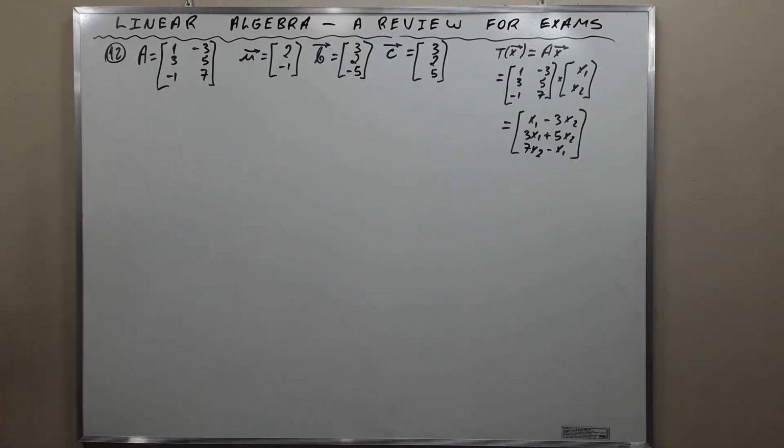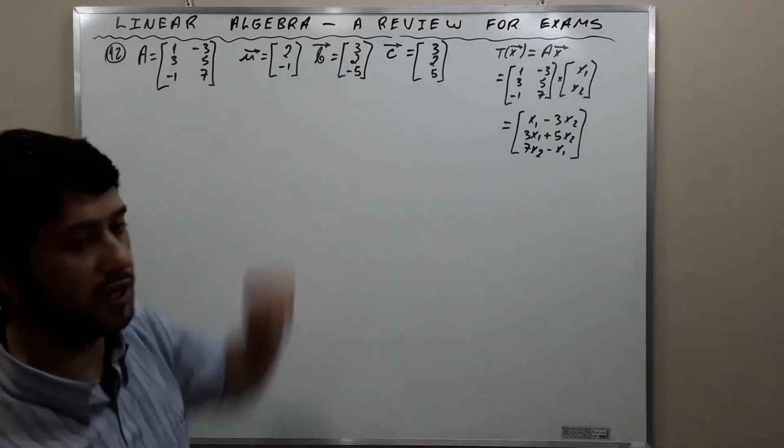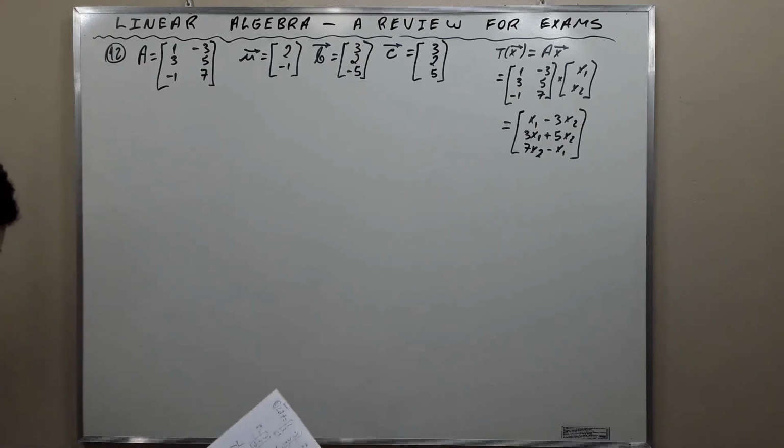And in letter A, the exercise asks us to find T of U, the image of U under the transformation T. In letter B, find an X, a vector X in R2 whose image under T is precisely B. And in letter C, is there more than one vector X whose image under T is B?